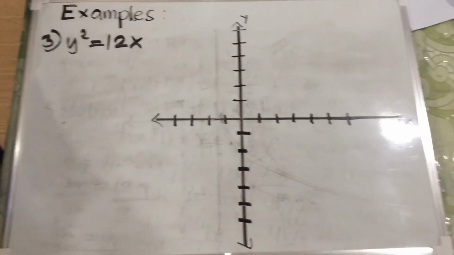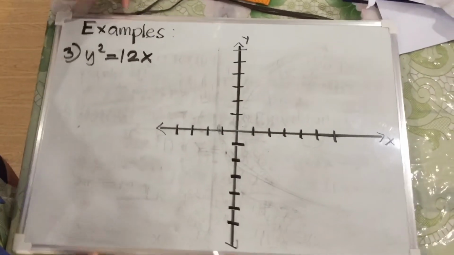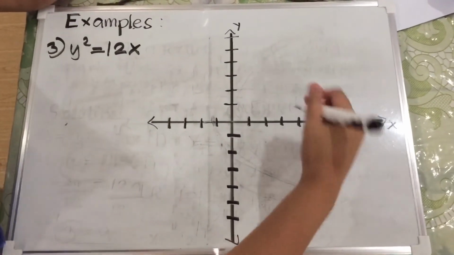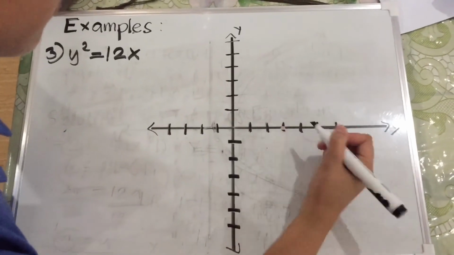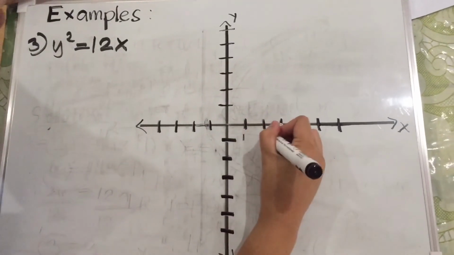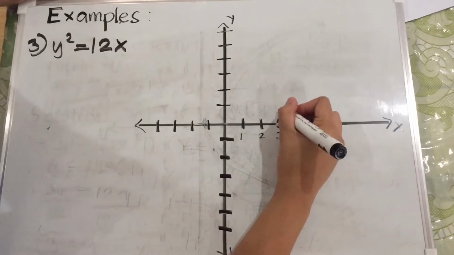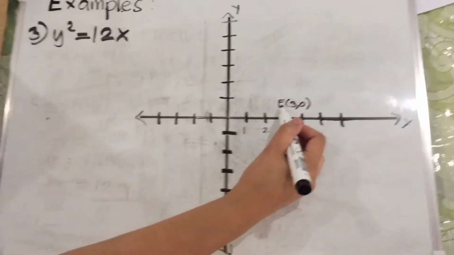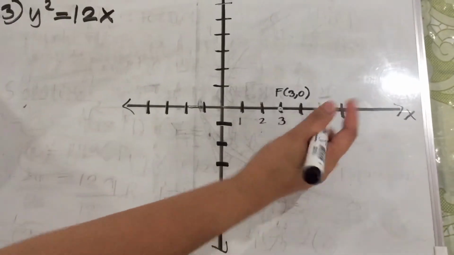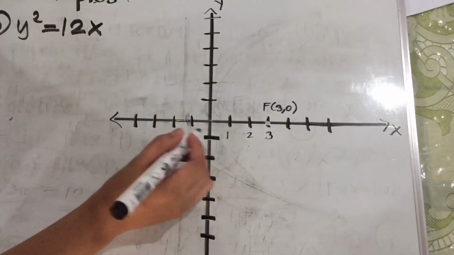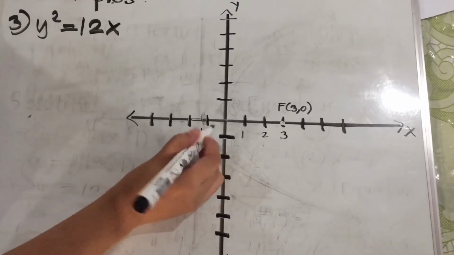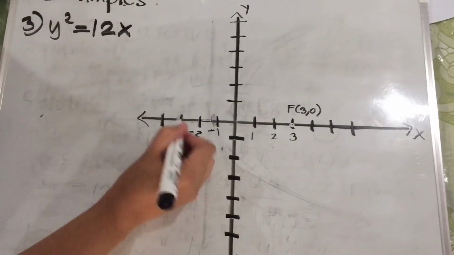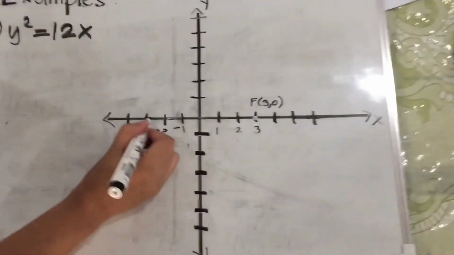To graph the equation y squared equals 12x, the focus is 3, 0 here, 1, 2, 3. And the directrix is opposite to the focus, which is -3, -1, -2, -3. So it's in here.